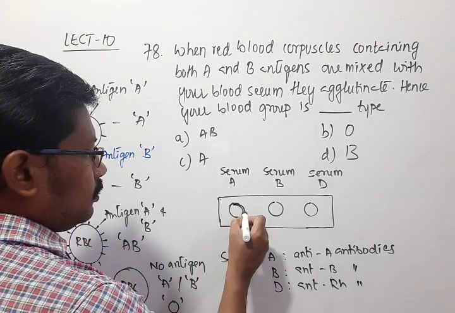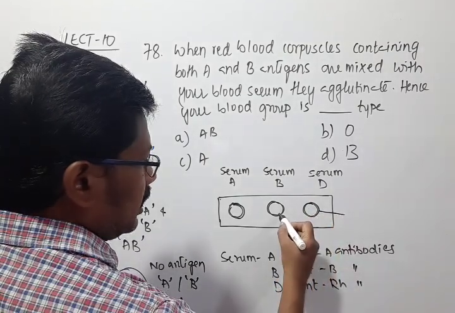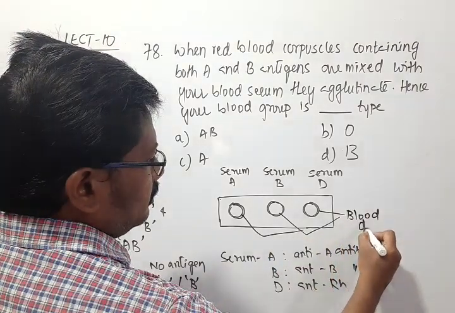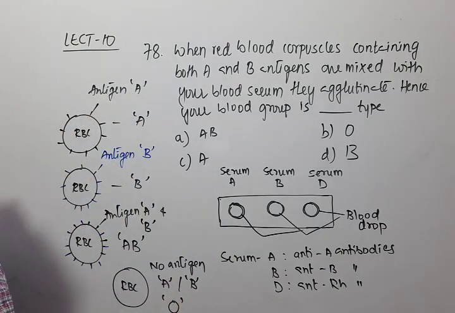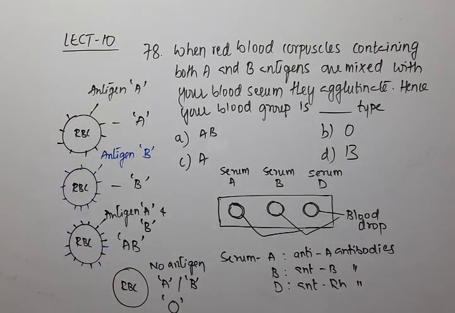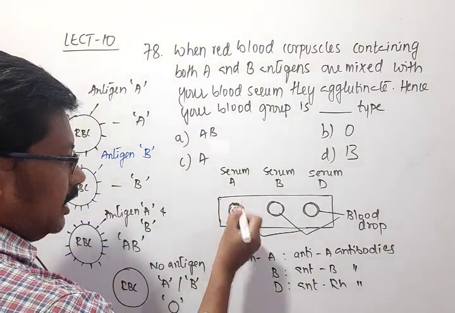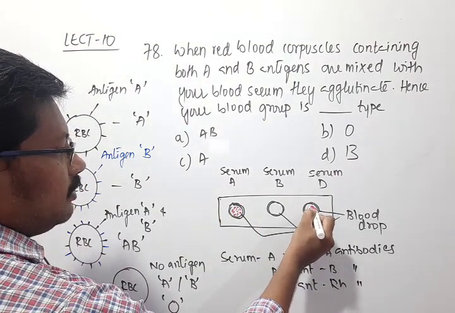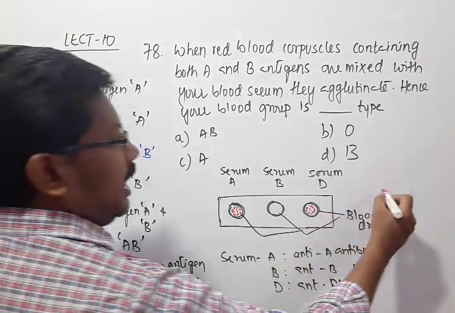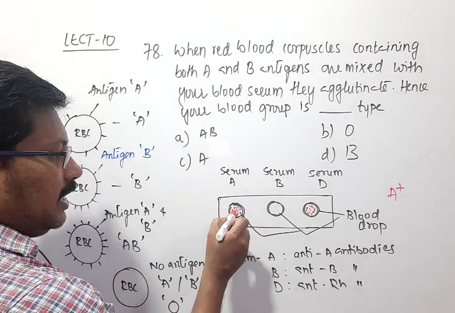Now, after mixing these serums with the blood drops, all from that person: if the blood gets agglutinated in serum A, and in D also you see agglutination, then the blood group is A positive. When does agglutination take place?